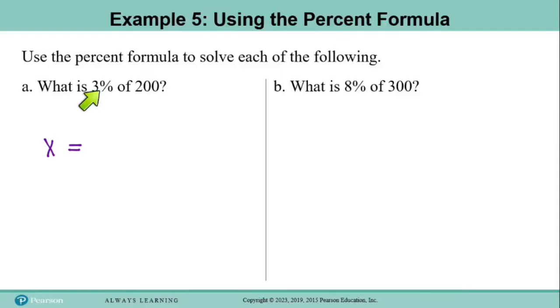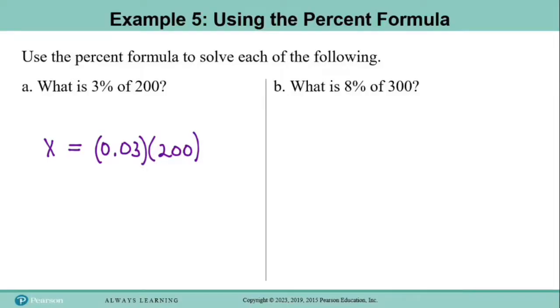So we move it from behind the 3 to in front of the 3 and then 1 more place. And so that's going to make us write 0.03 to represent 3%. And then 3% of 200 means we're going to take this decimal representation and multiply it by 200.